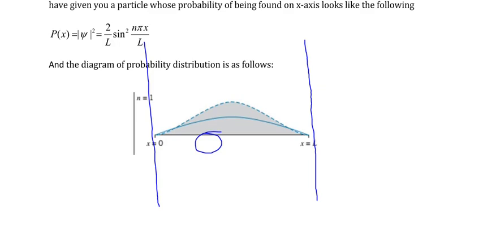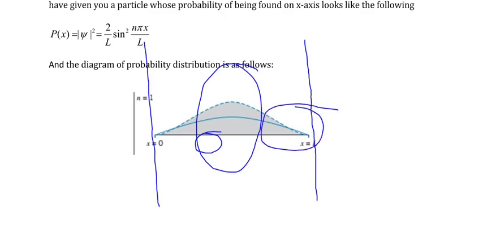Intuitively you must have an equal probability of finding the particle anywhere between the two walls. But quantum mechanically, the probability of finding the particle is maximum here and minimum here and here. Why does this happen? We don't know, but it is true.